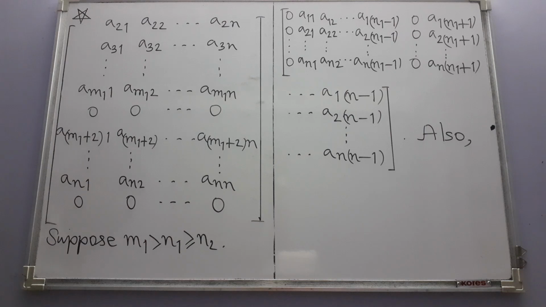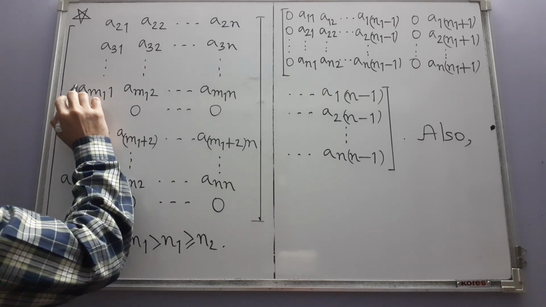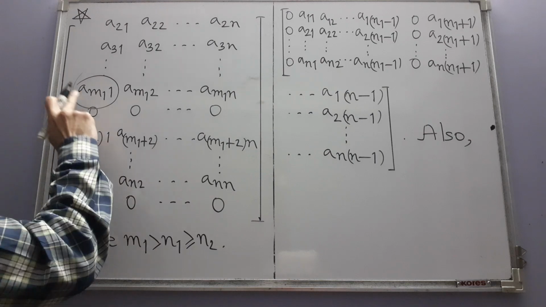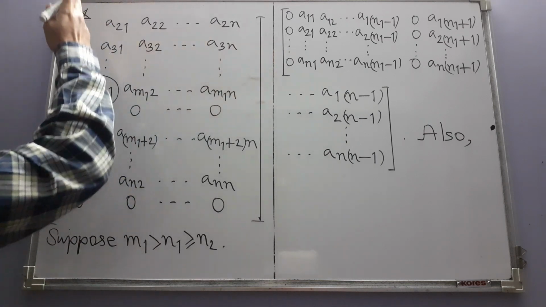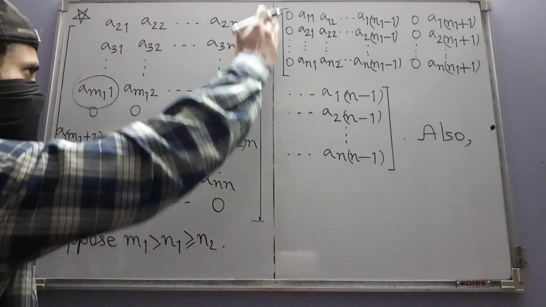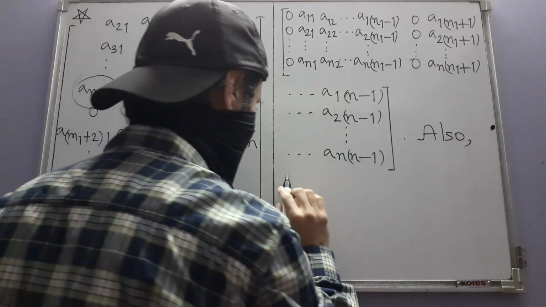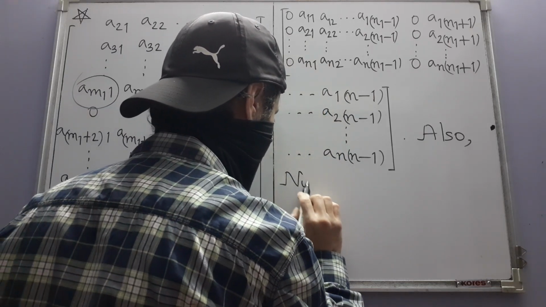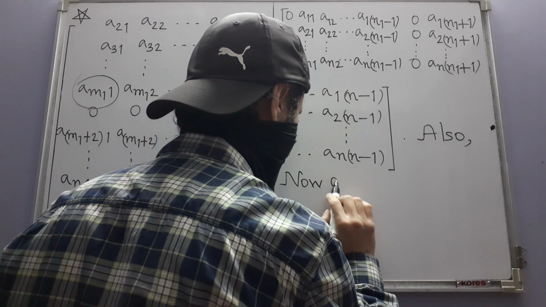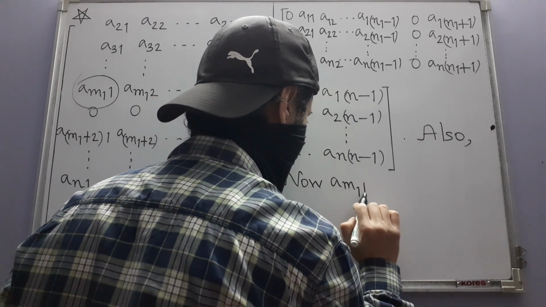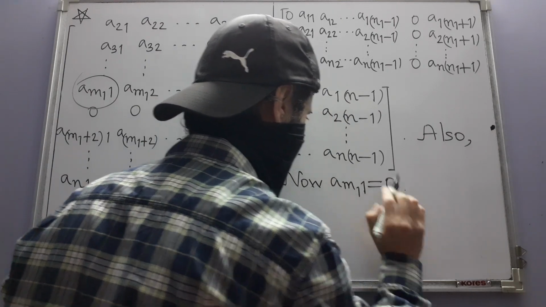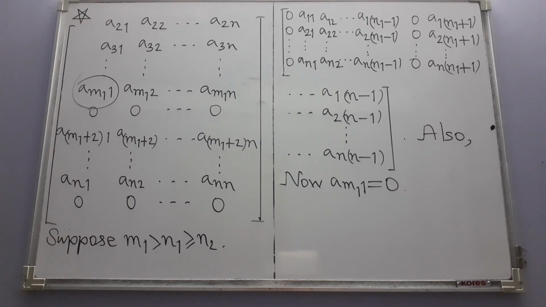And from that, in particular, you get this. This is equal to 0 because after all, this is the first column, that should be this. Now, m11 is equal to 0.